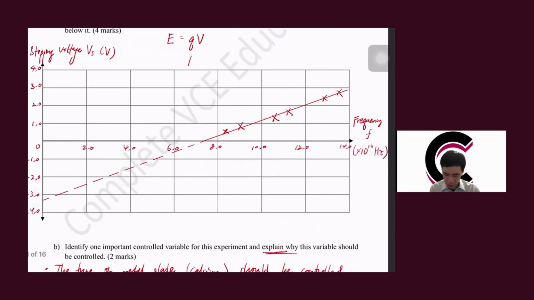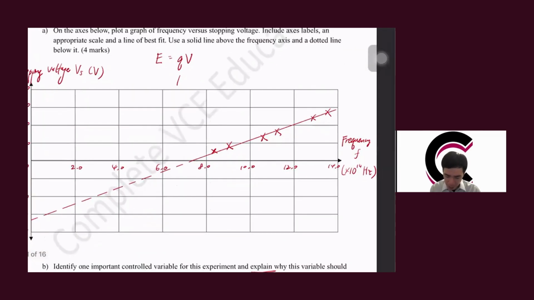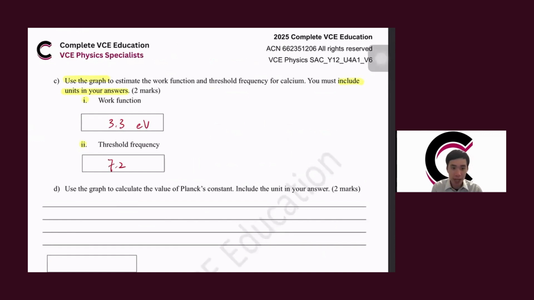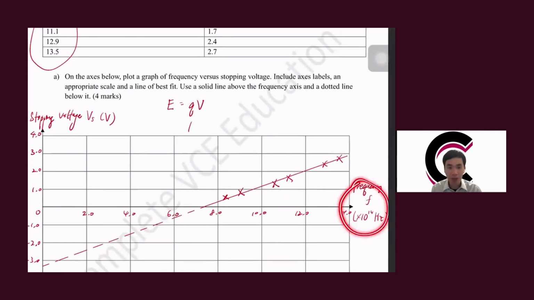In my case, that's about 7.1, 7.2. Don't forget times 10 to the power 14 hertz. You can see that right here. Don't forget that.